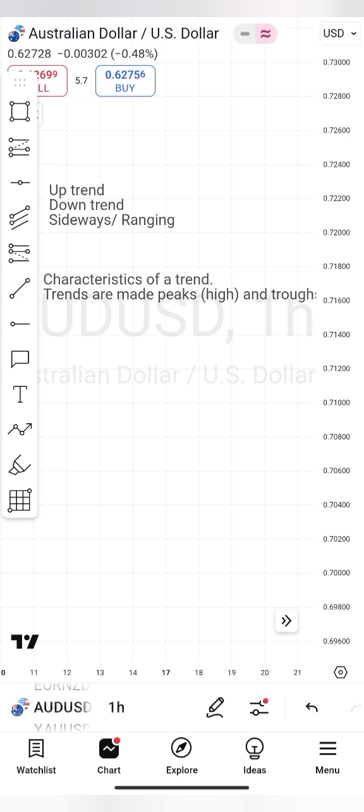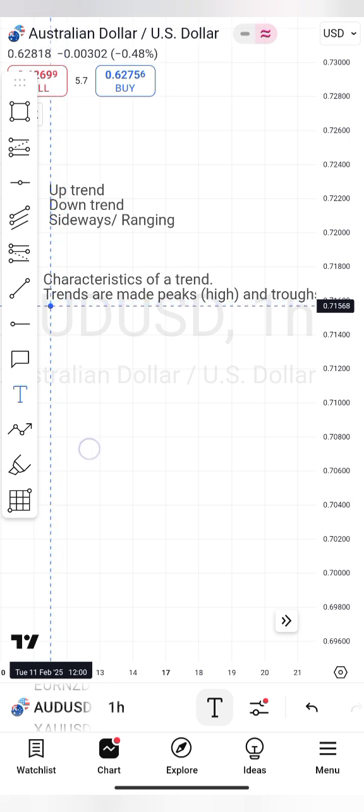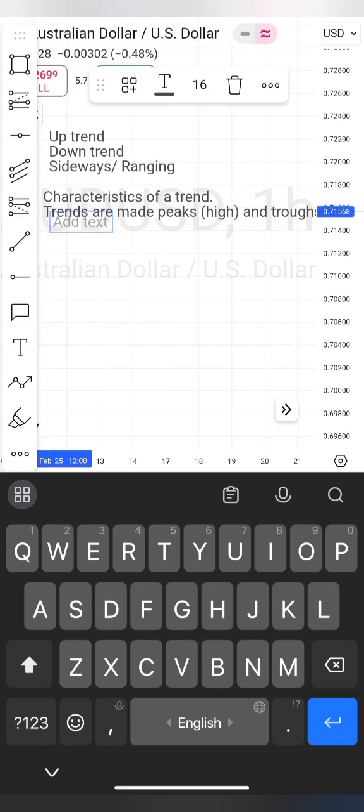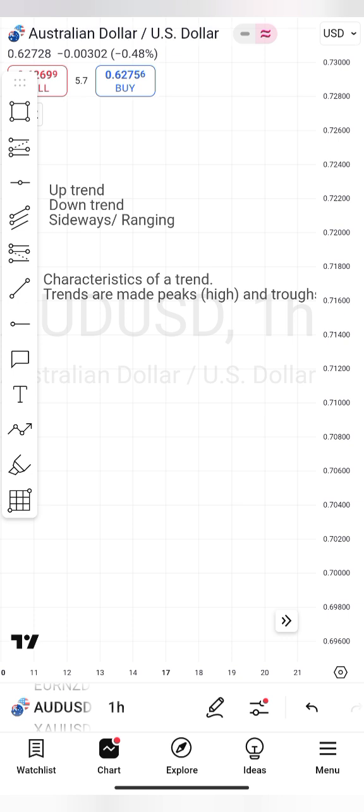Okay, that is the first characteristic of a trend. This is the basic characteristic of a trend: trends are made up of peaks, highs, and troughs, lows.